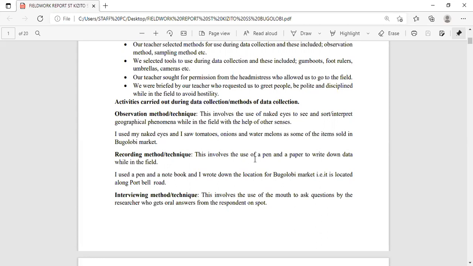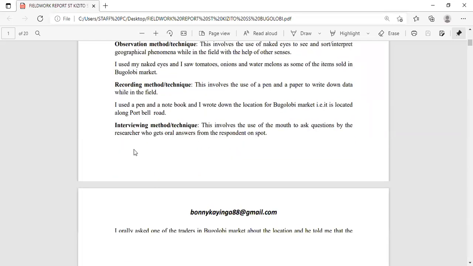Recording involves use of a pen and paper to write down while in the field. What is the tool? How did you apply? I used the pen and a notebook. I wrote down, because it is past tense, the location of the market, along Portbell Road in Kampala district.